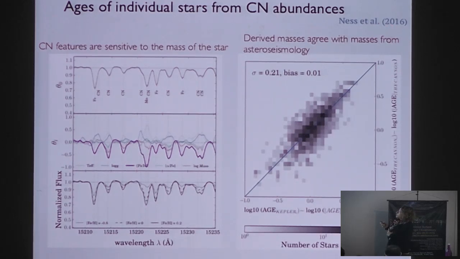Ness et al., Melissa Ness is an astronomer that developed a code called the Canon that makes full spectral fitting, so it fits the whole spectrum in a region, no matter how big, and determines simultaneously all the parameters, in principle as many abundances as you want, because it has been trained on a set of many spectra with different parameters known from the start.